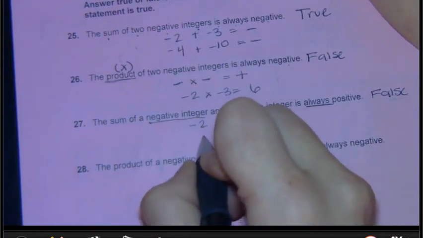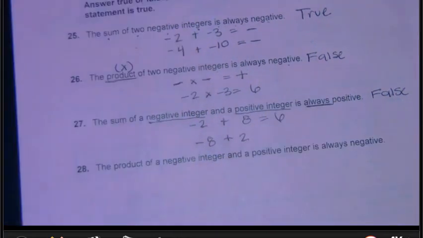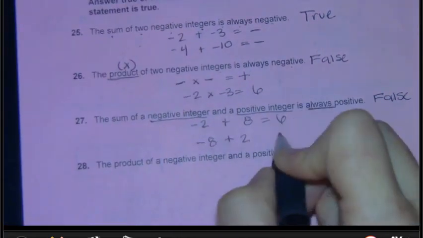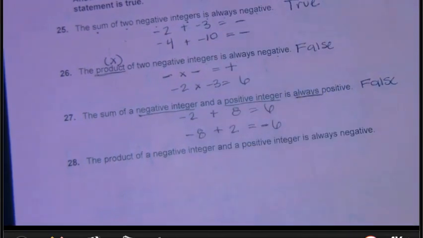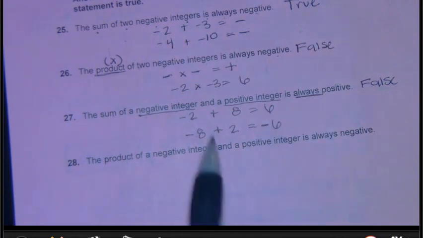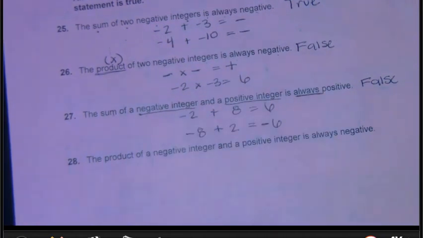But if I had negative 8 plus positive 2, well, negative 8 plus positive 2 is 6, but I have more negatives. So my answer is negative 6. So not all the time is a negative and a positive added together going to give me a positive. It depends on which number is larger or has more negatives or more positives.